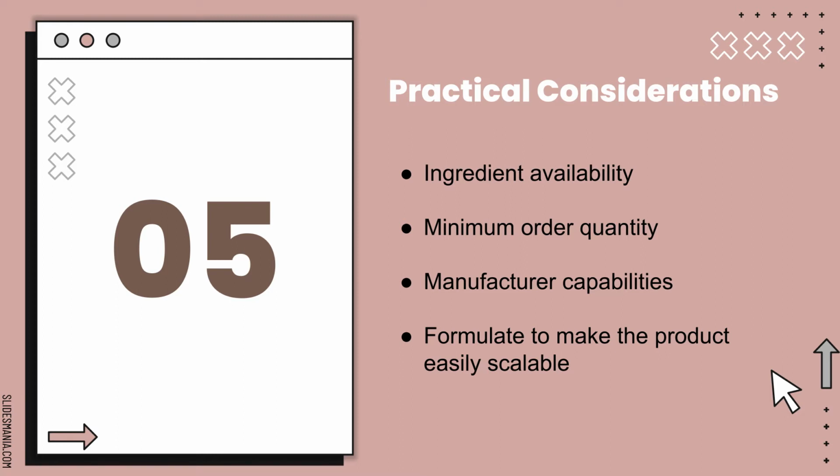There is no point reverse engineering a product and then later realizing that the manufacturer does not have the materials in stock already, and those ingredients have such a high minimum order cost and you will only end up using a fraction of it. For example, you might only need 1 kilogram of an ingredient, but the ingredient is only available to be purchased at 25 kilograms.